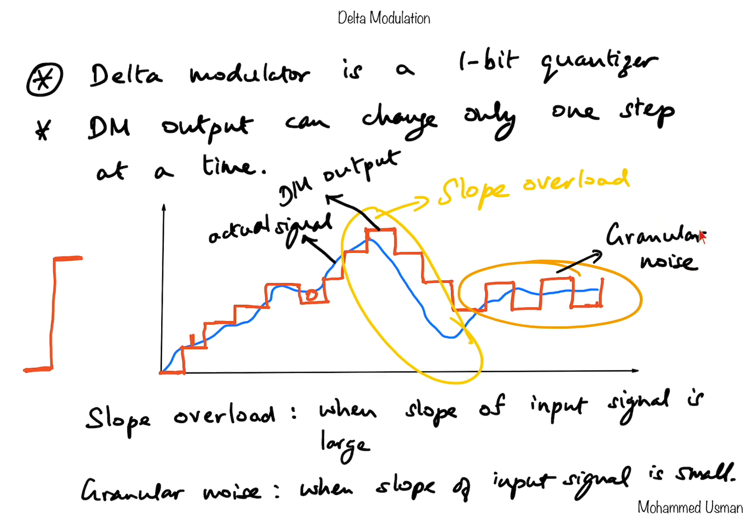Okay, so these are two things that can occur in delta modulation, and as far as granular noise is concerned, there's nothing we can do about it. If it is there, we live with it. But as far as slope overload is concerned, we can avoid it by increasing the sampling frequency.